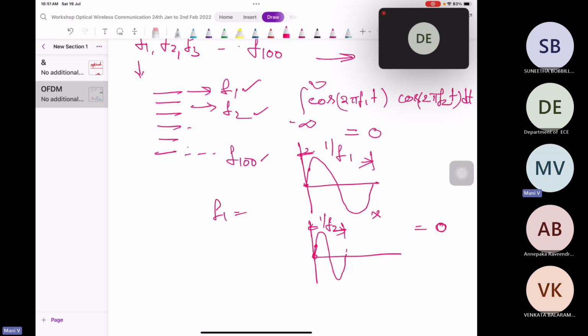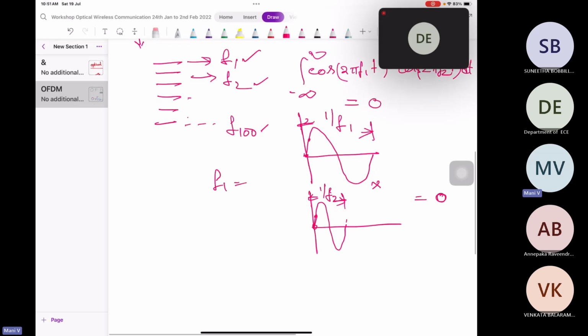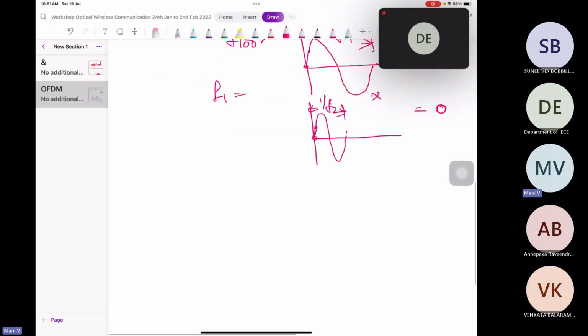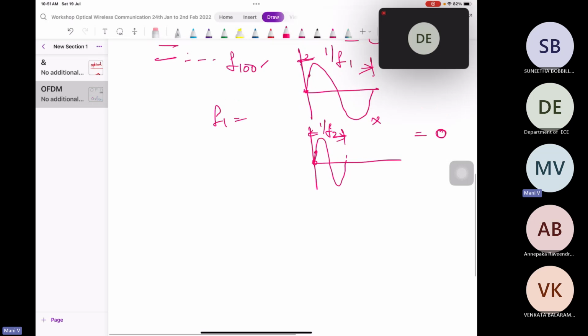We have to do the big derivation, right? So this is orthogonality. Now, when you are transmitting your signals, they are modulated onto orthogonal carriers in the form of orthogonal frequency division multiplexing. This OFDM is a technology that continued in 4G, we are continuing it in 5G, and it may also continue in 6G with some more additions.